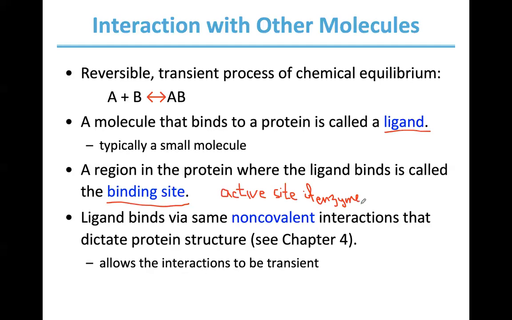So when a ligand binds, we have the same non-covalent interactions that dictate protein structure. Just like I mentioned to you earlier, it will be hydrogen bonding, hydrophobic, electrostatic, van der Waals interactions, polar.